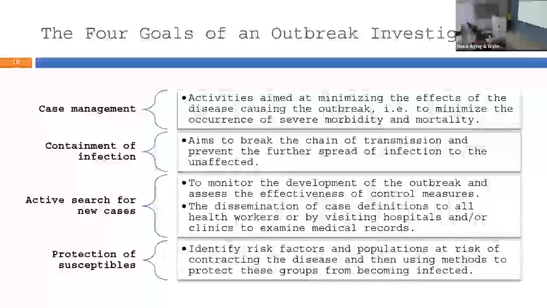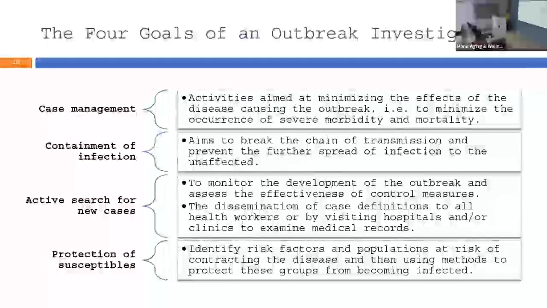Or we have to isolate the persons who are ill from persons who are not ill. We did that with COVID. Of course, if we have a malaria case, they're going to have to be under some impregnated mosquito net to prevent transmission to other persons who are susceptible.